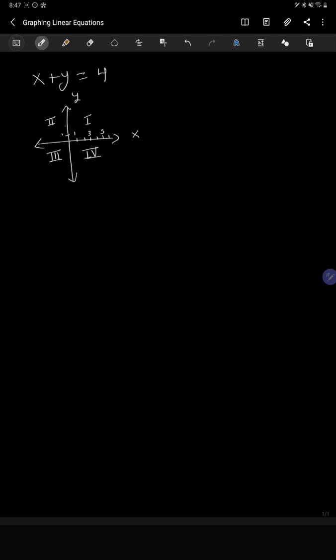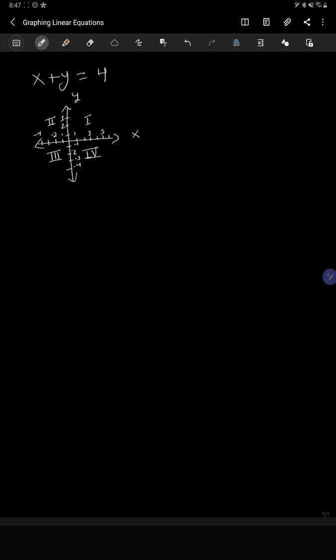So we have positive 1, 2, 3. And as you can see, it's also going positive that way. Going to the left, this is actually negatives, -2, -4. Going down is the same thing as that one, so -2, -3, -4. Okay, so that's our xy plane.